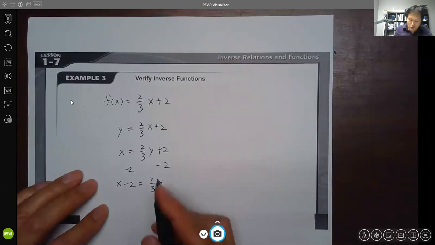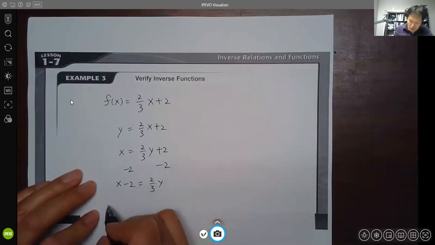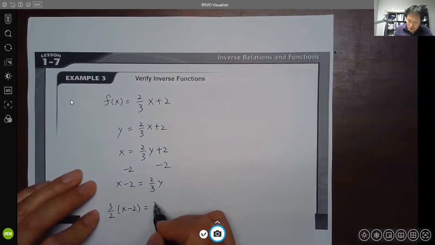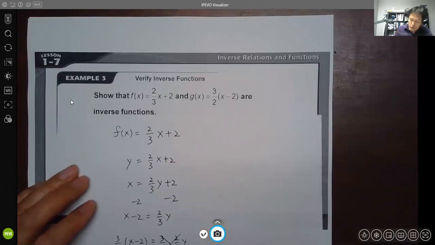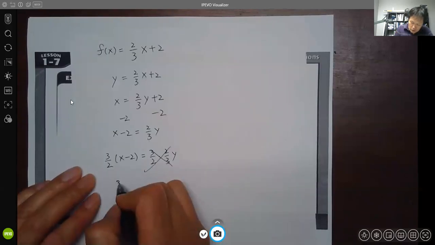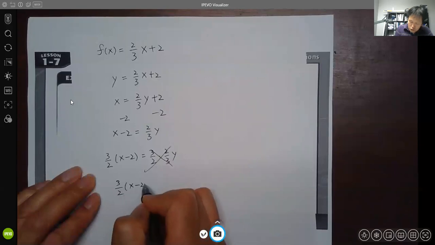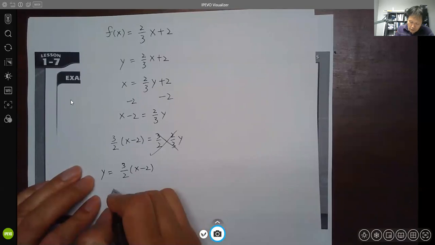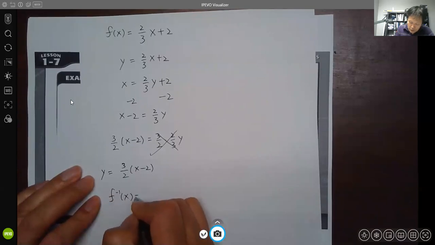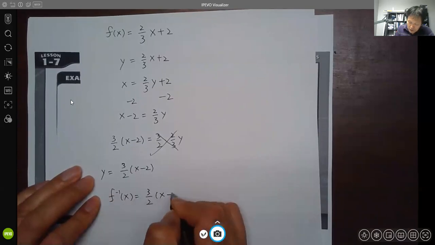Solving for y, multiply by the reciprocal, so 3/2 times x minus 2 equal to 3/2 times 2/3 y. They cancel out. So it becomes what? 3/2 x minus 2, y equal to that. Then you say the inverse function of x equals 3/2 x minus 2.